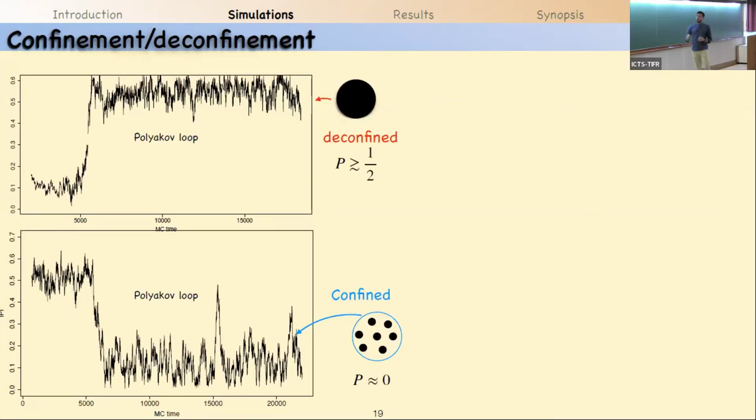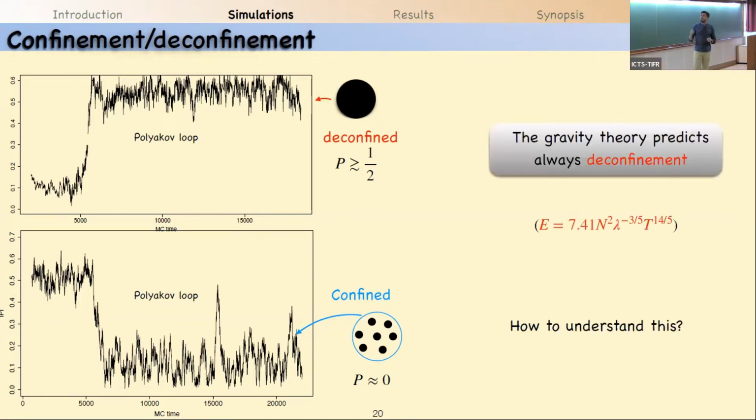In simulations, for example, I present here Monte Carlo histories and how the Polyakov loop fluctuates. In the figure above, I start with a confinement phase, and then it transitions to a stable deconfined phase, and this corresponds to a black hole. On the other hand, in the bottom figure, I have the inverse situation, where I start with the deconfined phase and then transition to confinement.